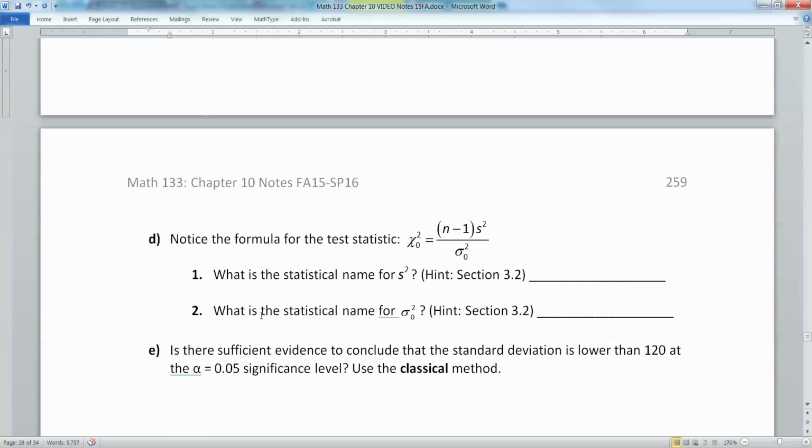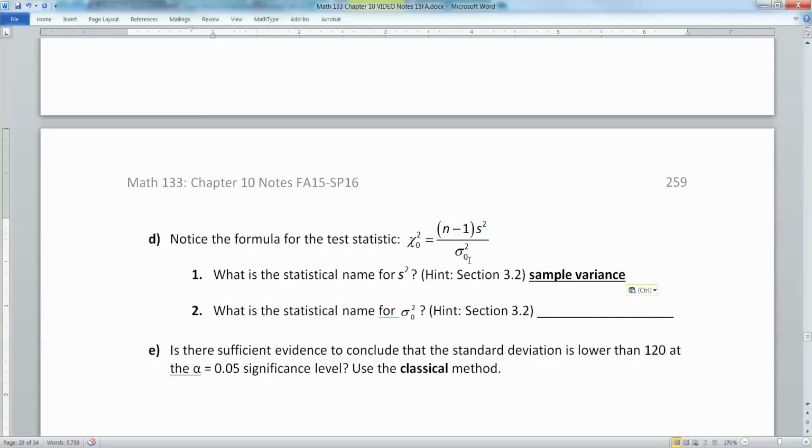All right, now, what is the statistical name for S squared and sigma naught squared? So when you look at the test statistic, it's quite a handful. You can see that the numerator has an S squared in it, and that the denominator has a sigma naught squared. Well, S is the sample standard deviation, so S squared is the sample variance. Remember, when you take your standard deviation and you square it, you have variance.